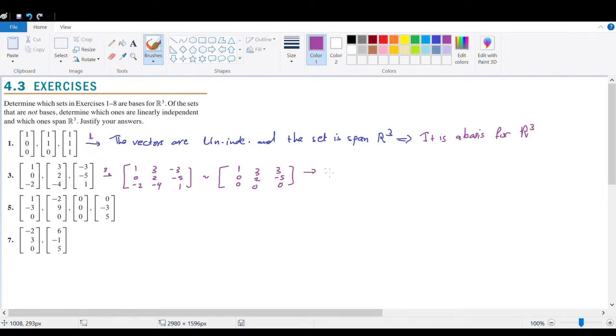The set is linearly dependent because we have a free variable. It does not span R3, since there is no pivot in each row, or let us say row 3 does not contain a pivot; not all 3 rows have a pivot.